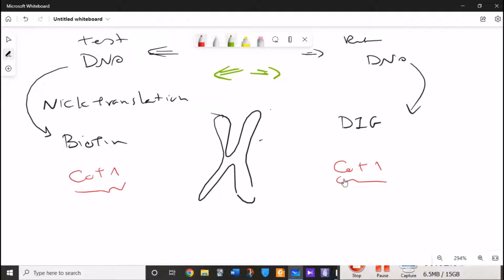Cot-1 DNA is a placental DNA enriched with repetitive DNA, ranging from 50 to 100 base pairs. The role of this blocking DNA is to block the repeat DNA in chromosomes, especially centromeric and telomeric repeats.